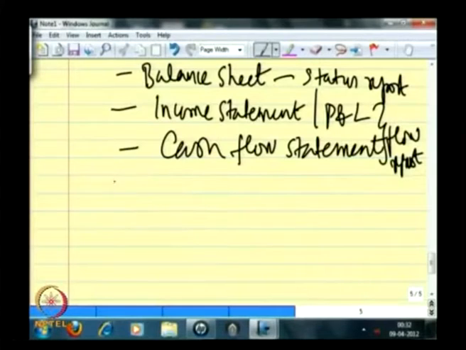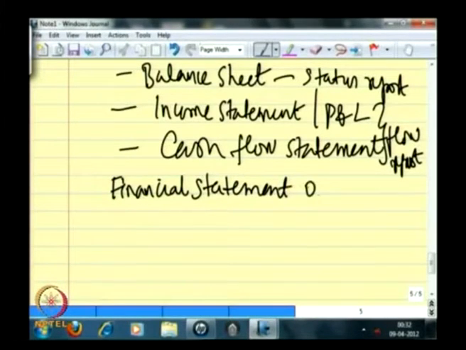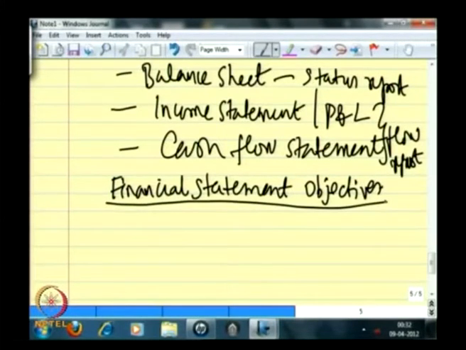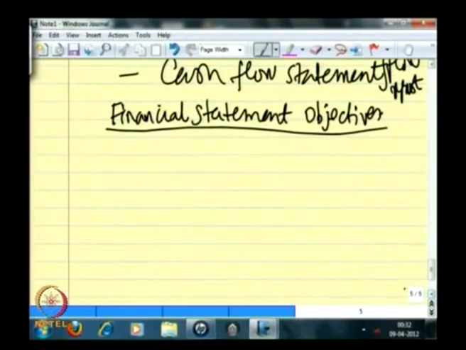Now, why do we actually create or construct these financial statements? Financial statement objectives. Why do we need such financial statements? Any answers?